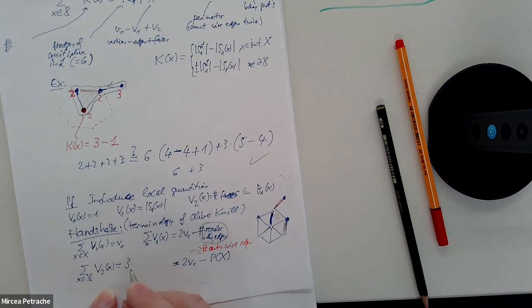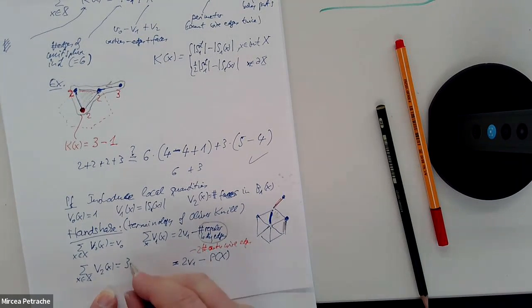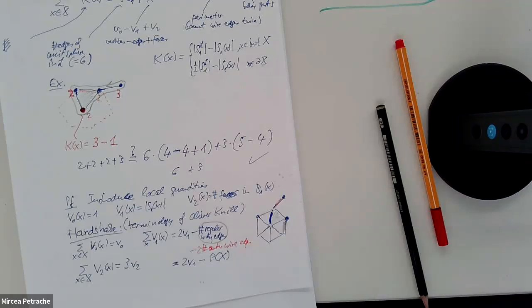It's basically 3 times the number of faces. So in a triangular graph, this works out nicely. And note that's exactly the correct counting of the perimeter of the configurations that I get here.